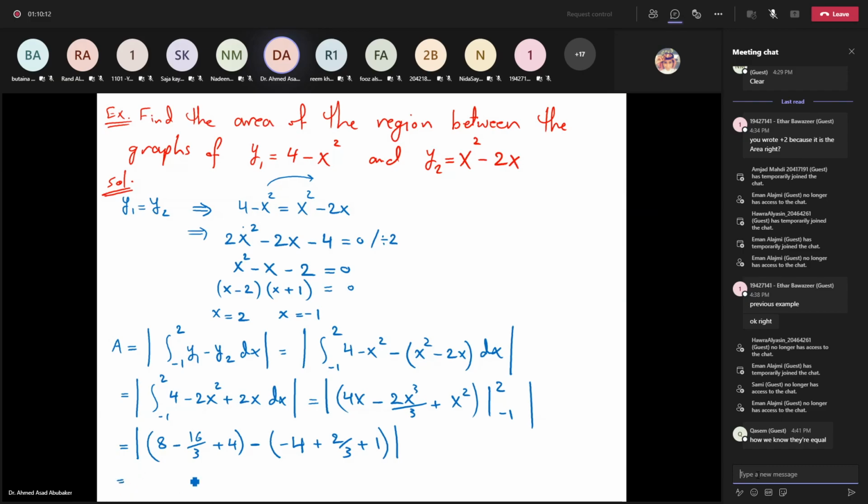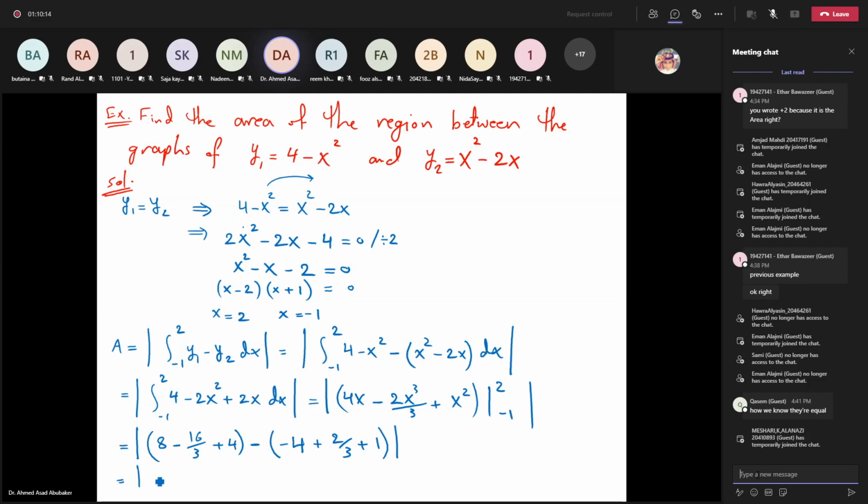This is equal to 8 minus 16 over 3 plus 4, plus 4 minus 2 over 3 minus 1. 8 plus 4 plus 4 is 16, minus 1, we have 15.